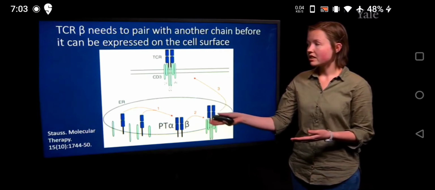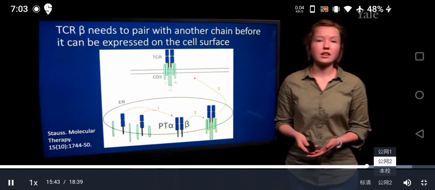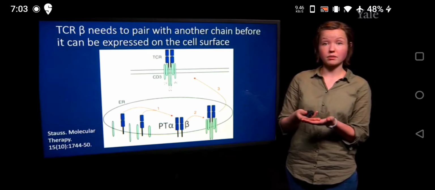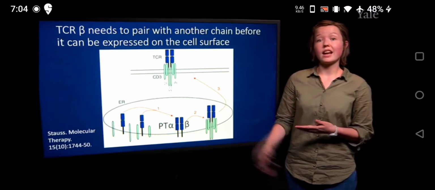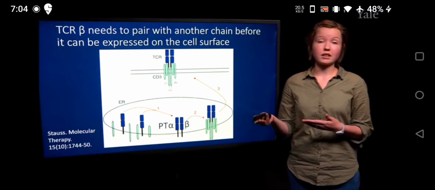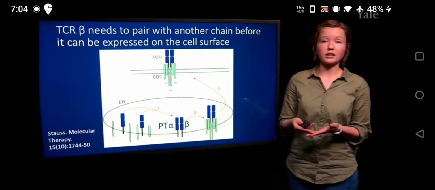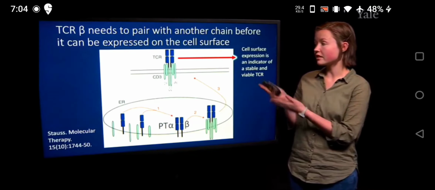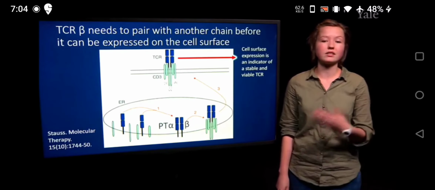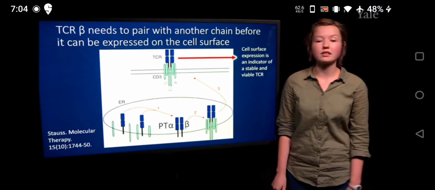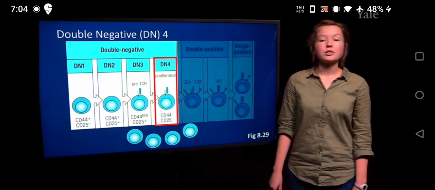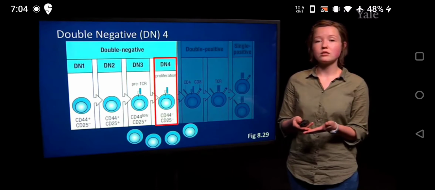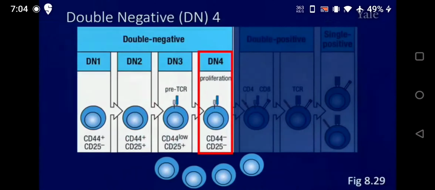And once these pair together, they can move to the cell surface, and this will allow for downstream signaling through that receptor, telling the T cell that proper beta chain rearrangement has occurred and that it can move on to the next cellular stage. So this cell surface expression is what tells us that we have this stable, viable T cell receptor. At which point, this cell gets a signal to undergo proliferation.